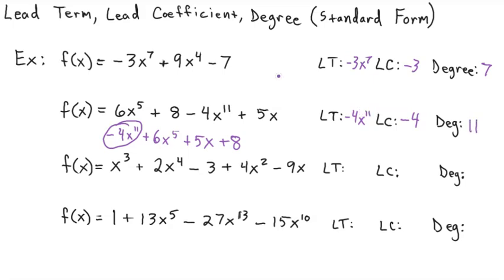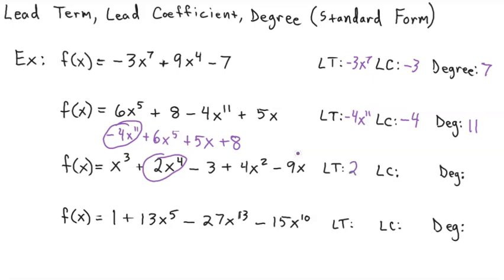Now, you don't actually have to write the polynomial in standard form. You can just look. So this one is not in standard form. All we have to do is go straight to the highest power, which is 4. Okay, 3 is smaller than 4. This doesn't even have an x. This is x to the 2nd power, and this is x to the 1st power. So x to the 4th power makes 2x to the 4th the lead term.